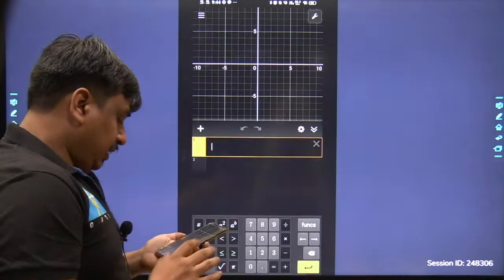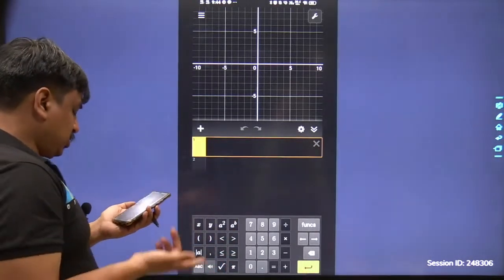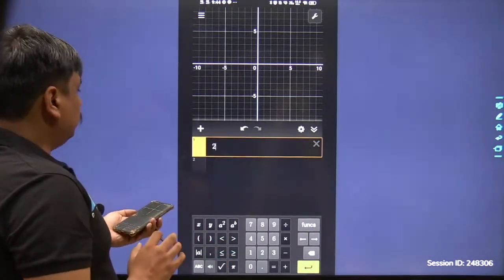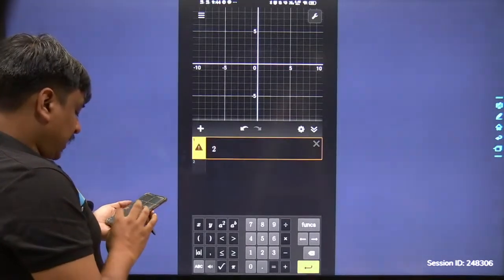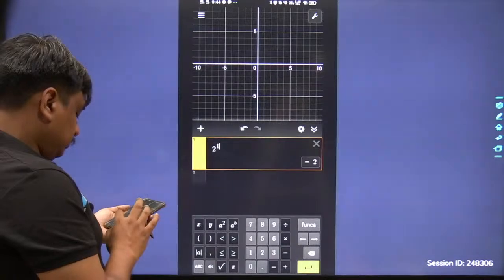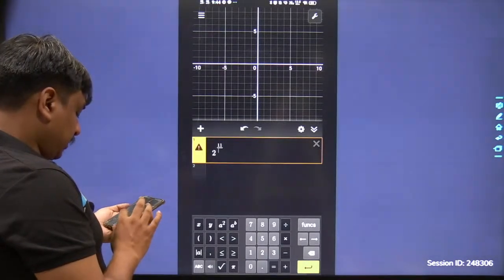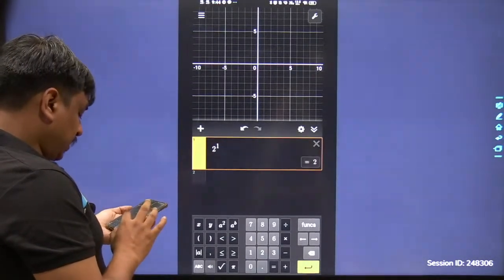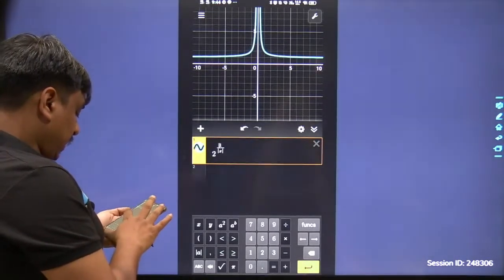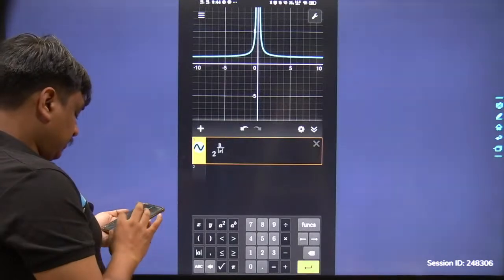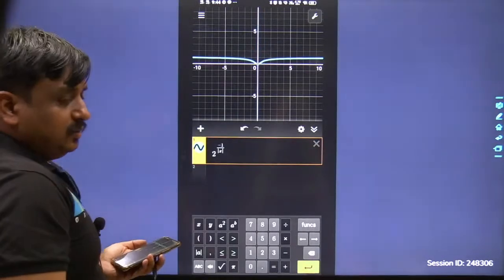You can take the exponent base as almost 2.7, or even 2 also, raised to minus 1 divided by mod of x. The minus sign is also there outside. See how the curve is looking.